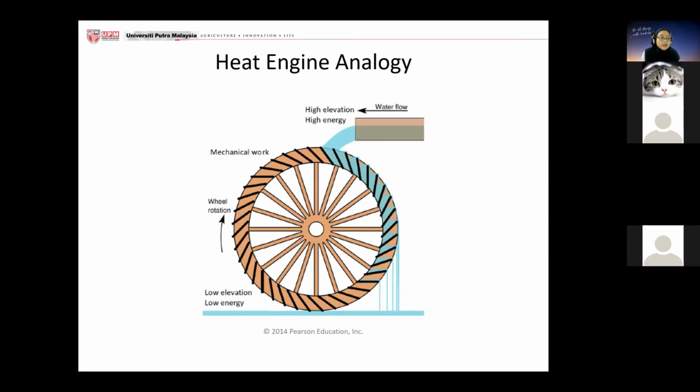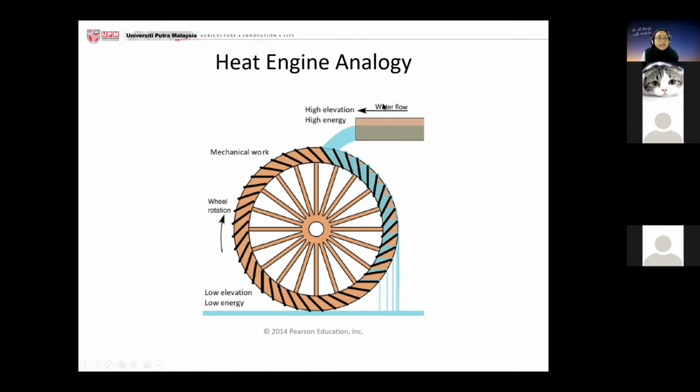Later on people used the same concept in turbines to generate electricity from this type of work. You have this rotation, this mechanical work, and you can transform that into electricity. So this is an analogy of a heat engine.